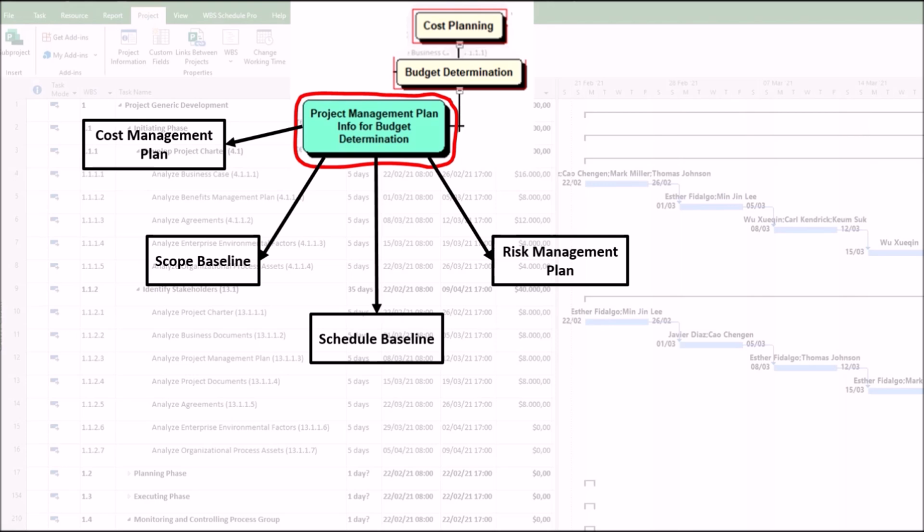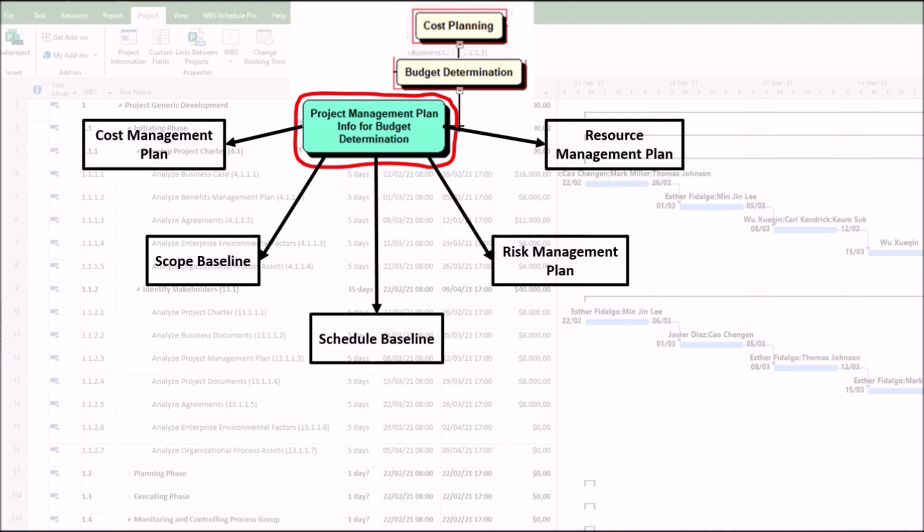The project management plan identifies known risks that may require contingency reserves. The project management plan influences the determination of management reserves for unknown risks.